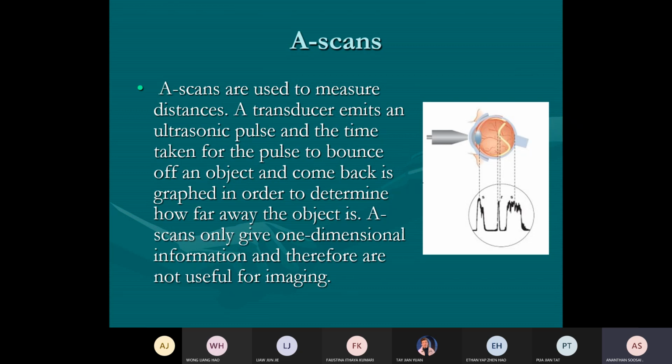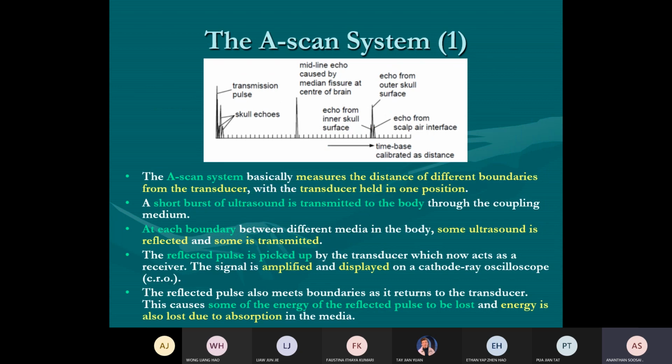Okay, A scan. So this is the skull. The transmitted pulse is reflected by the skull, and you get the inner region. An A scan system measures the distance to different boundaries from the transmitter. The transmitter is held in one position and bursts of ultrasound are transmitted into the body. At each boundary, some ultrasound is reflected and some transmitted.